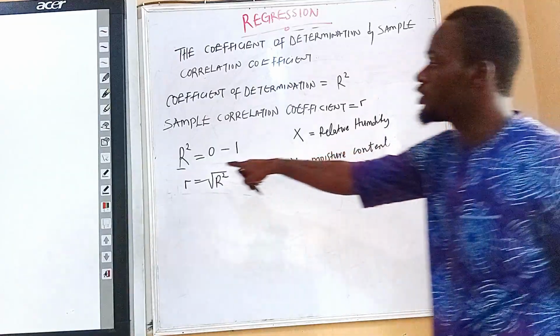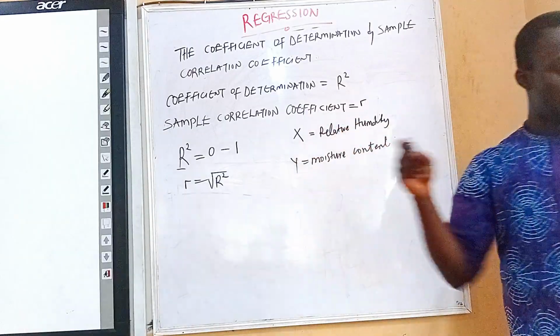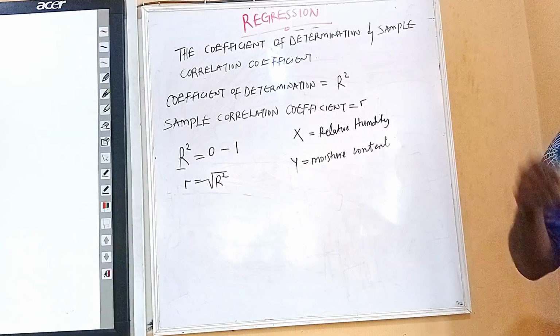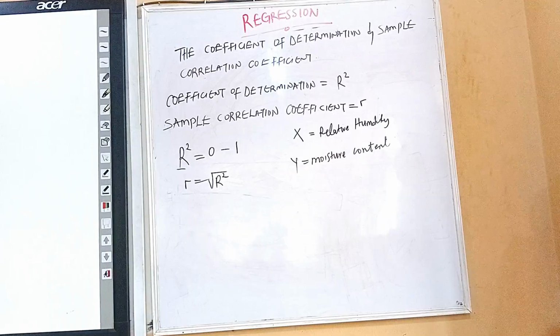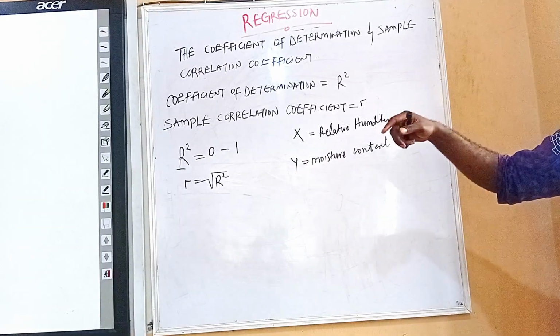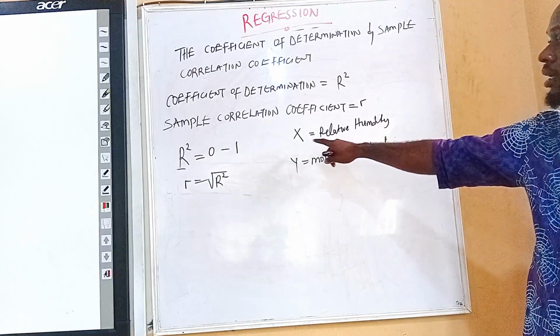If the value of r is close to 1, it indicates that most of the variation, that is, the difference in the moisture content, is explained by the different input values.